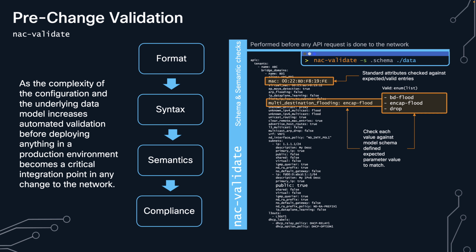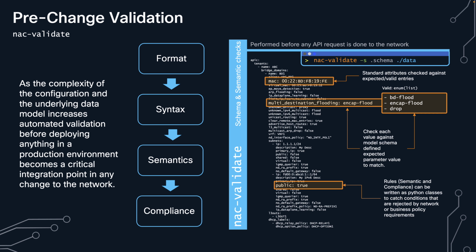Outside of that, there's also a concept of semantics and compliance validations. This is where we extend the data model, NAC validate code, to also verify parameters based not on whether the value is a correct value, but whether the value is allowed.